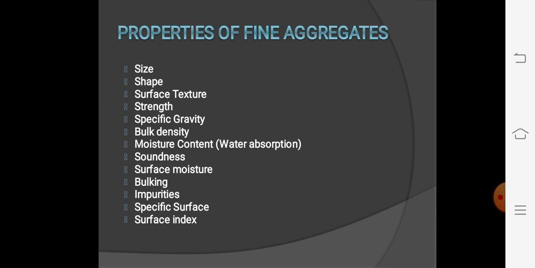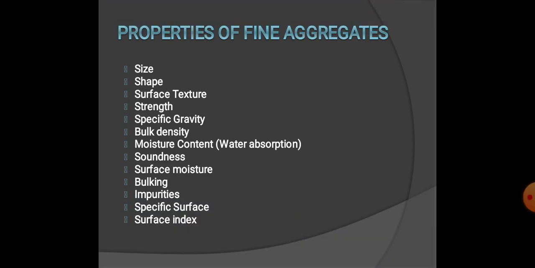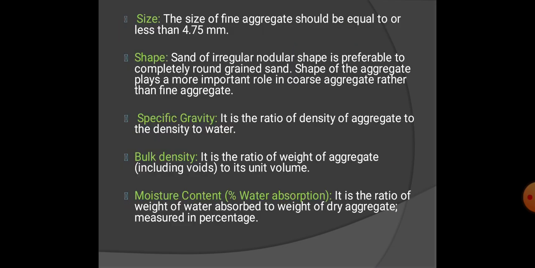And next, let's see the properties of fine aggregate one by one. The first one is size of aggregate. In the previous lecture we already saw the size of aggregate.